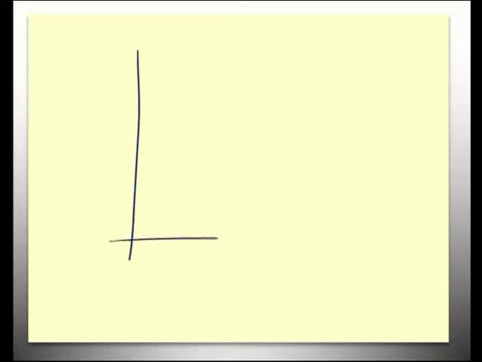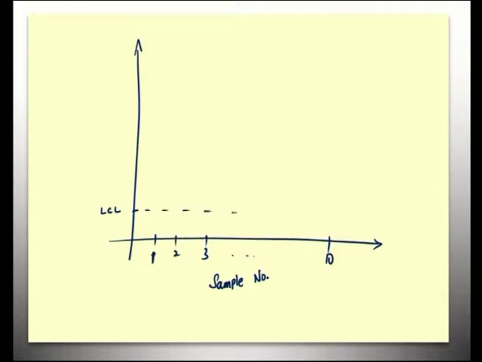This is how the graph is drawn. First of all, draw an x axis. Here the sample number or the subgroup number is plotted as 1, 2, 3, etc., up to 10. The particular value obtained is plotted on the y axis, and LCL represents the lower control limit.